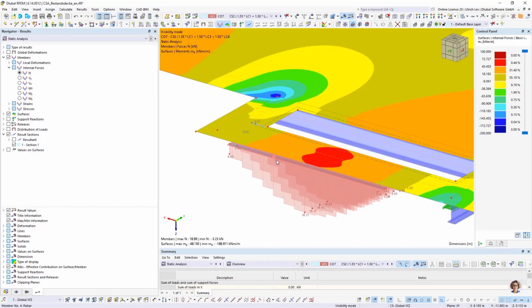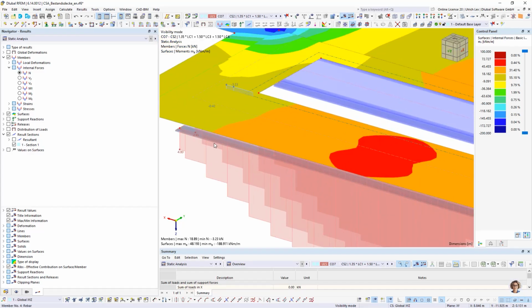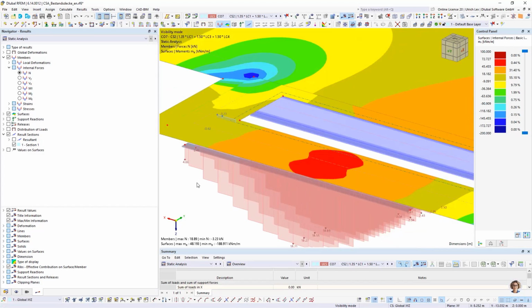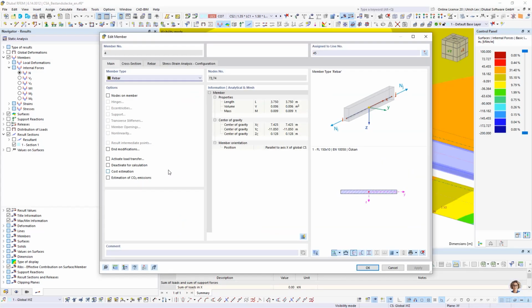So for these rebars, or for this bounded reinforcement, we do not have a special design add-on. Maybe the producers have some tools, or the only possibility is that we can do a stress-strain analysis.